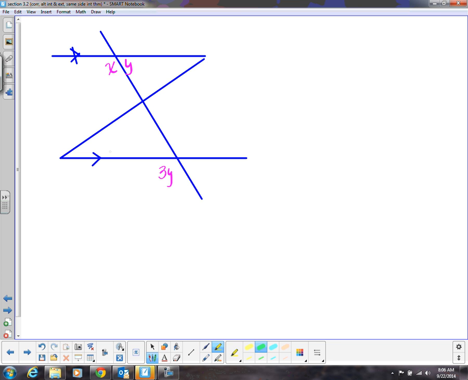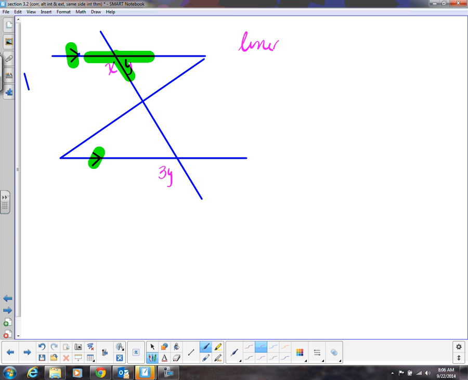All year, you should always be on the lookout for these parallel symbols. When you see those parallel symbols, that's almost telling you that you need to look for those special angles: alternate interior, alternate exterior, corresponding, and same side interior. So let's start with x and y. If I were to trace the sides of x and y, what letters formed? A T. What does that mean x and y are?